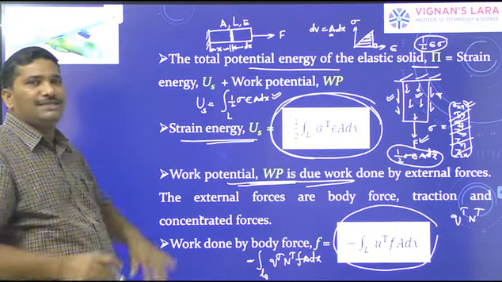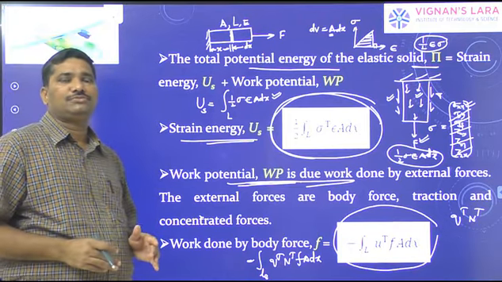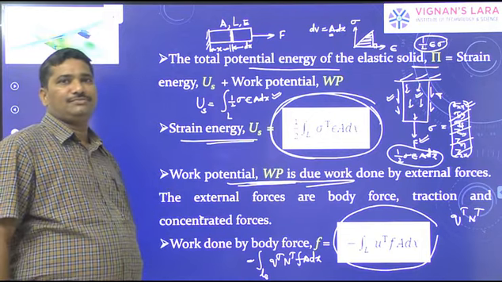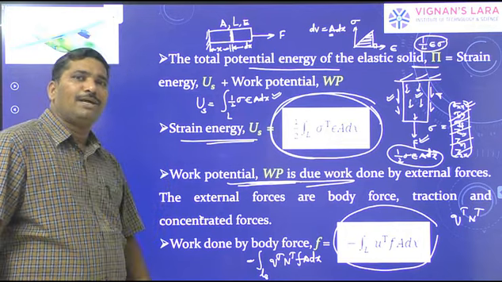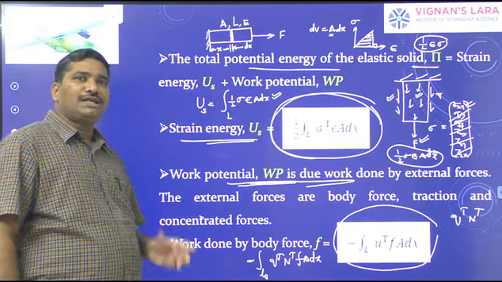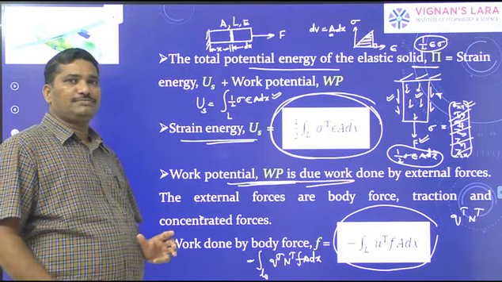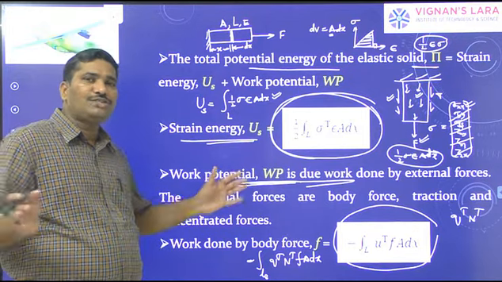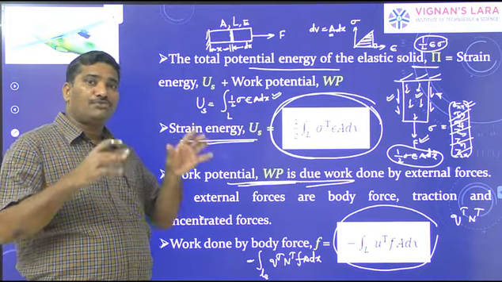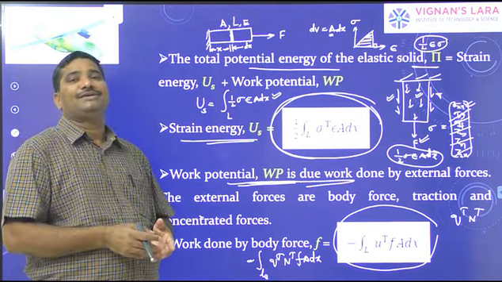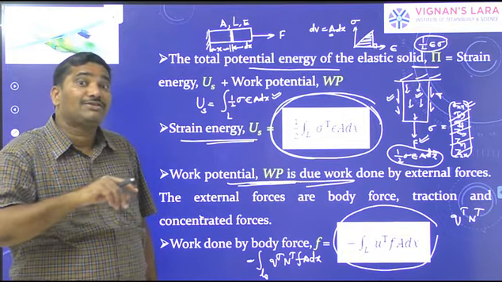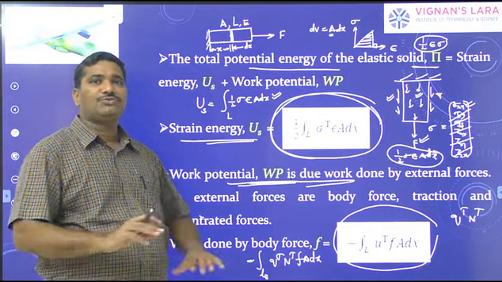When the solid is divided into a finite number of elements, then for each element you have to determine the work potential due to the body force. Then you sum up, and you get the work potential of the body force of the entire solid. We have to understand carefully.